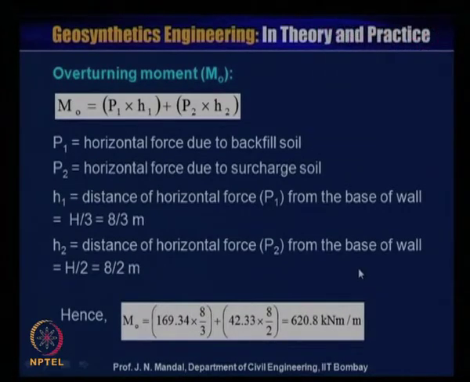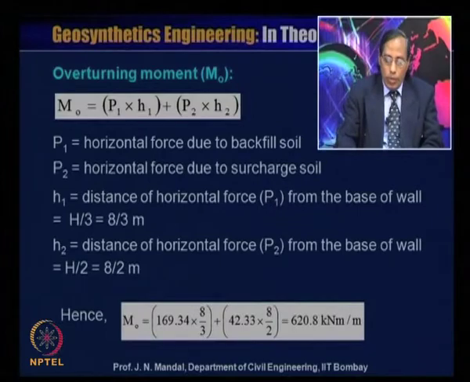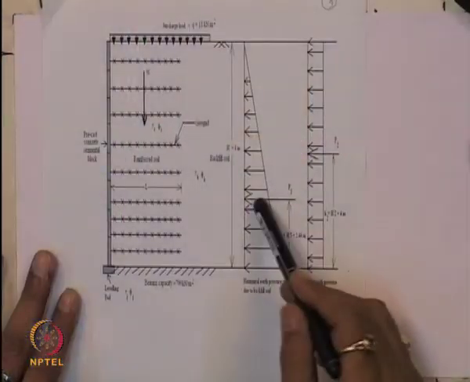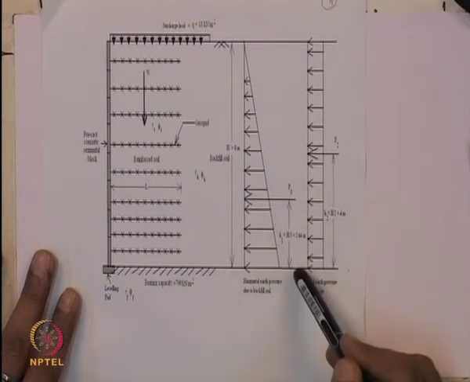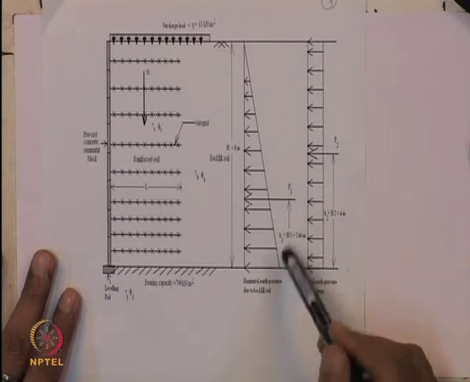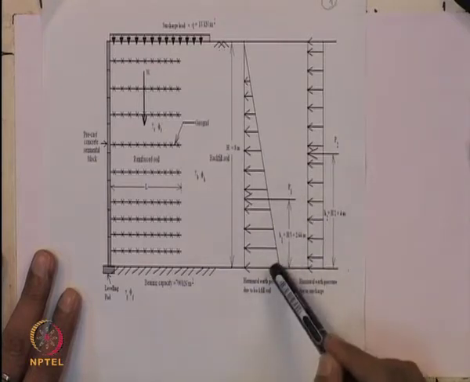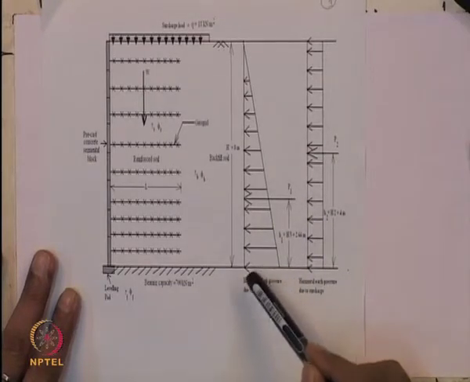Then you have to calculate the overturning moment, that is M0. Suppose this is the P1 force, the horizontal force due to the backfill, and this distance H1 is known. So P1 into H1 is due to the horizontal earth pressure from the backfill soil.